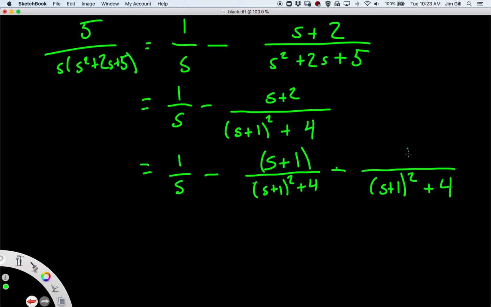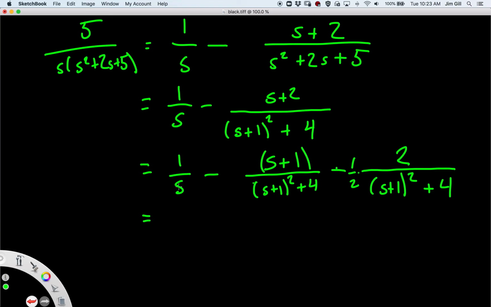Now there should be a 1 here, but if there's a 1 there, we can't do anything with it. It doesn't look like a sine or a cosine. We need this thing up here to be a 2, right? So we have something squared here and the original thing here. So I'm just going to put a 1/2 out in front. This is equal to the same thing, but it's going to allow us to actually do the transformation.